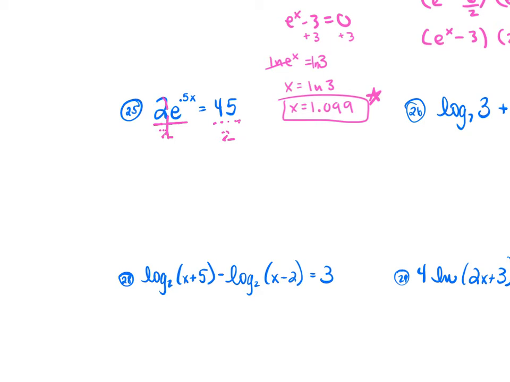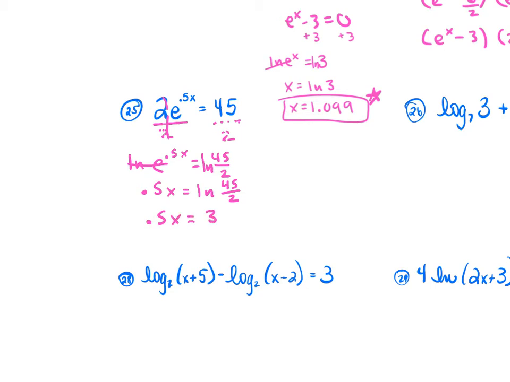So e to the power of 0.5x is equal to 45 divided by 2. What do we do from here? Take the ln of both sides. So 0.5x is equal to ln of 45 over 2. We need to find what ln of 45 over 2 is, and then divide by 0.5.